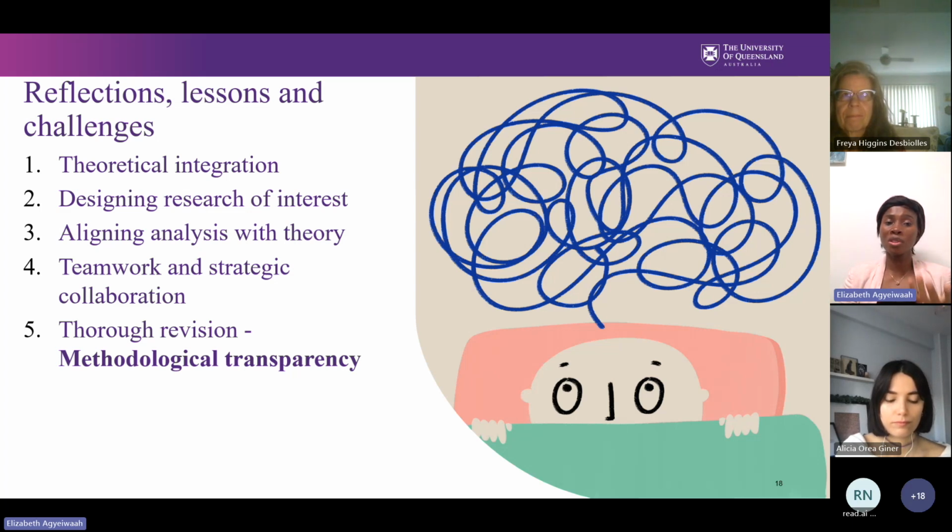And the final thing was a thorough revision, thanks to the team, the special issue editors and the reviewers calling for methodological transparency. It was a very useful thing to do, to just go through the entire process of data collection and analysis, and just be transparent about whatever you did, and just tell them, this is what I did, this is the justification of why I did it, and these are the reasons behind what I did.